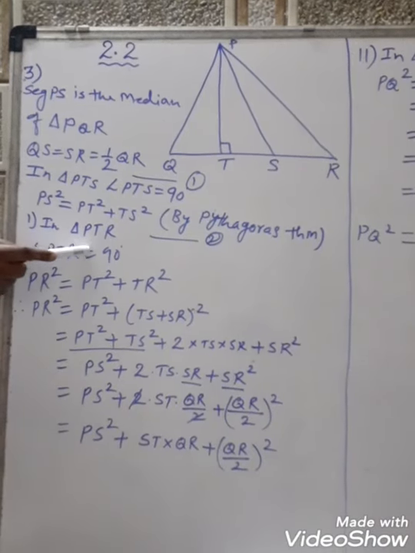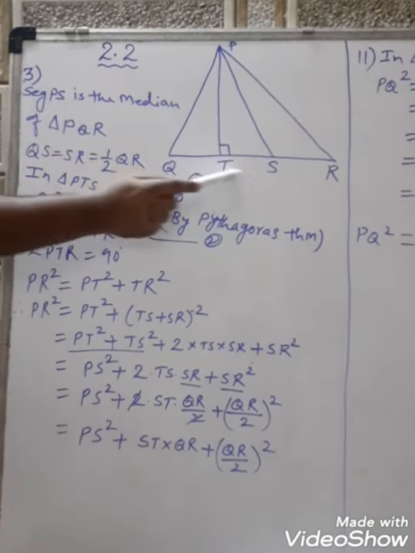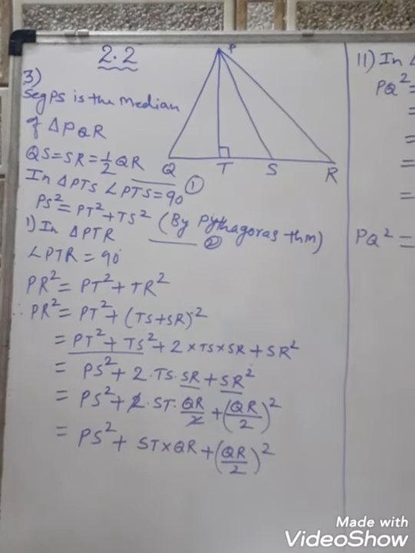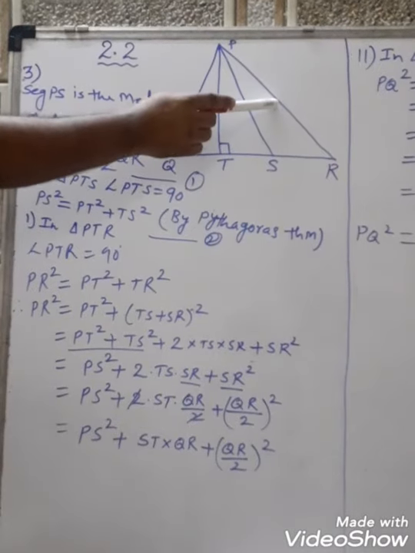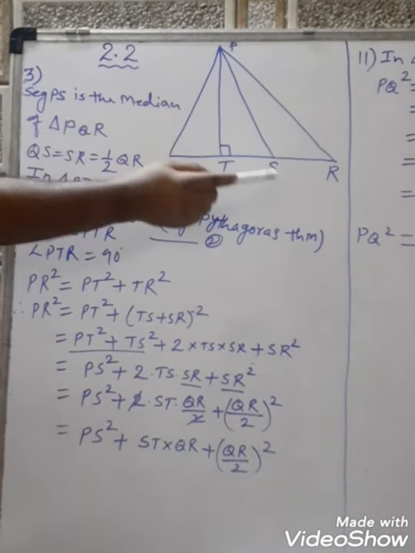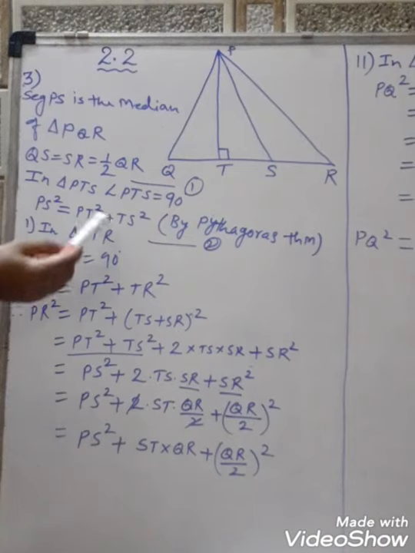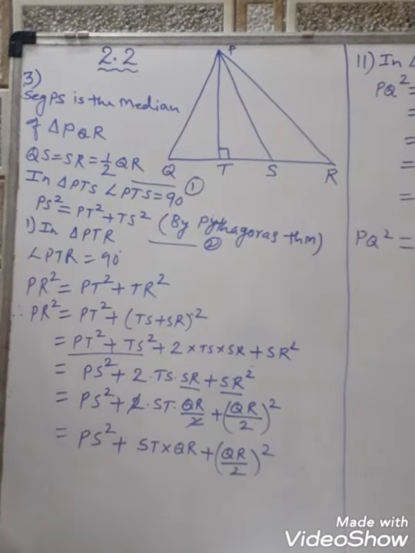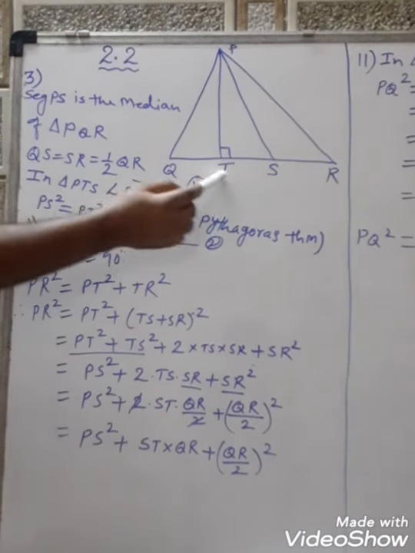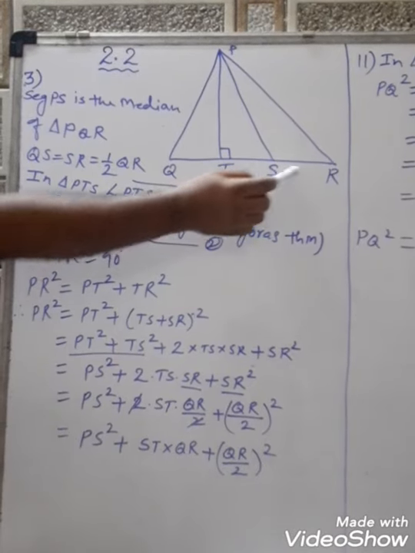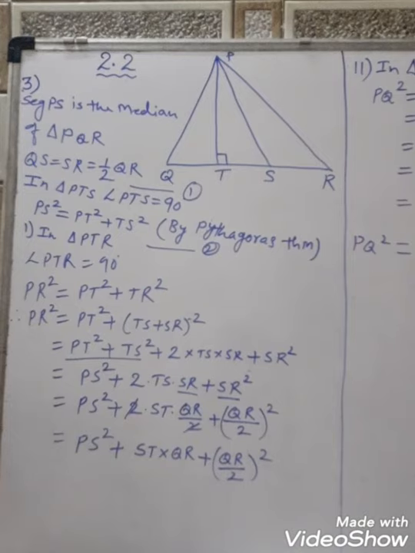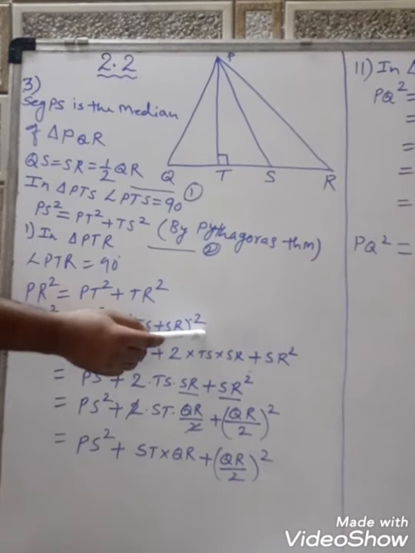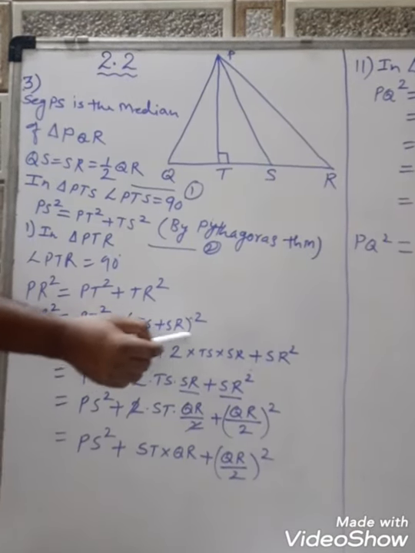So in triangle PTR, take this triangle PTR. In that, T is 90, so you get PR square equals PT square plus TR square. Now TR means TS plus SR. So TS plus SR the whole square, we use the (A plus B) whole square formula.